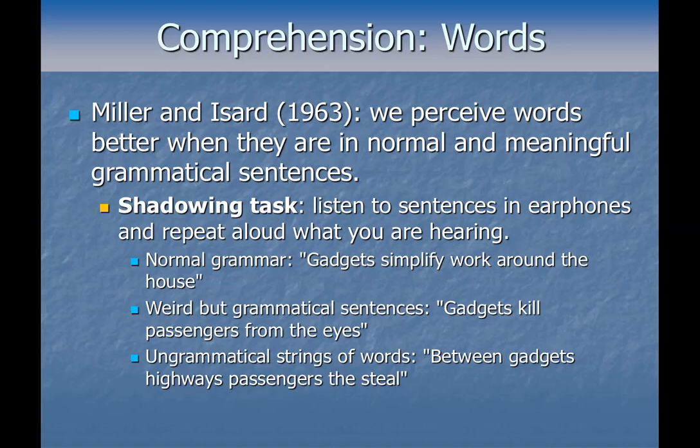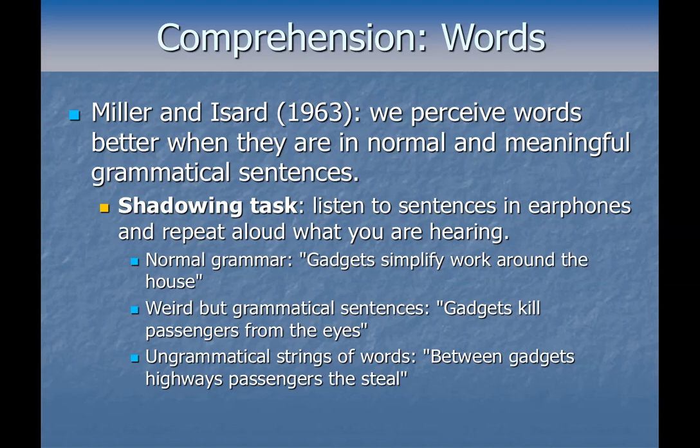That's grammatically valid, but it doesn't make a lot of sense, or if it does, it's not something we would hear very often. So weird but grammatical sentences. And then they had a third set, which was not real sentences, but just strings of words, the same kind of words that might show up in those other sentences, but put together in a way that doesn't follow the rules of English.